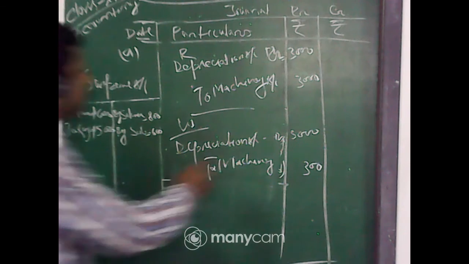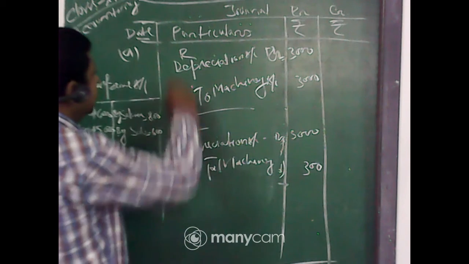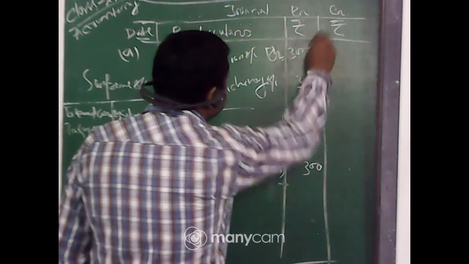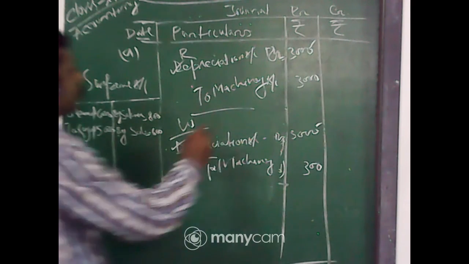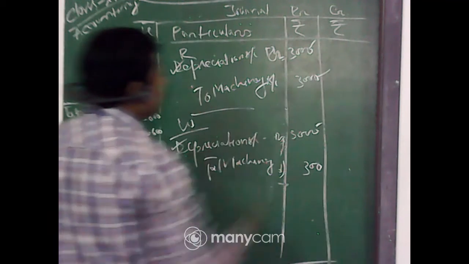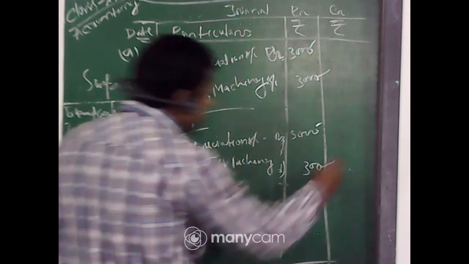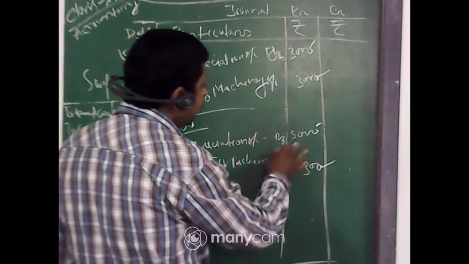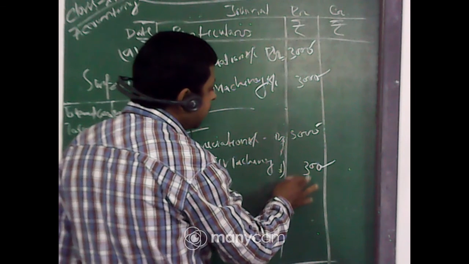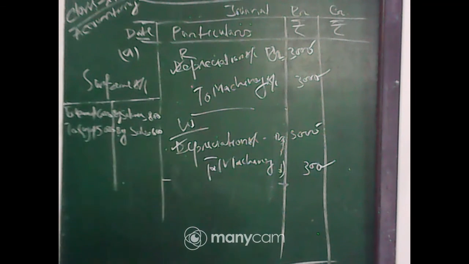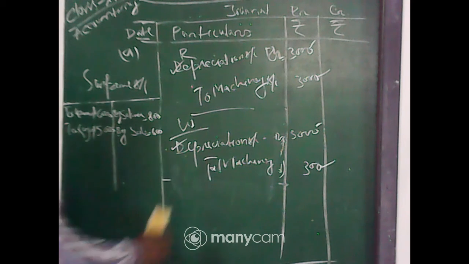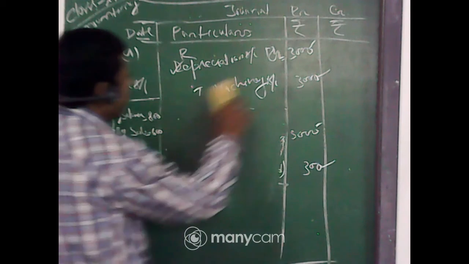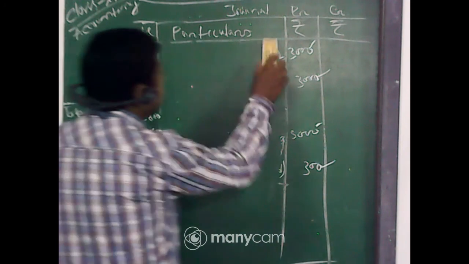In both entries depreciation is debited, and it is the right amount. Now for machinery, in the right entry it should be 3000. In the wrong entry they credited the machinery but the amount is wrong. Instead of 3000 they wrote 300, so there is a 2700 error. So what will be the rectification entry for that? What is the rectification entry?